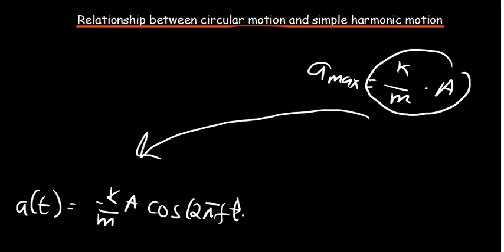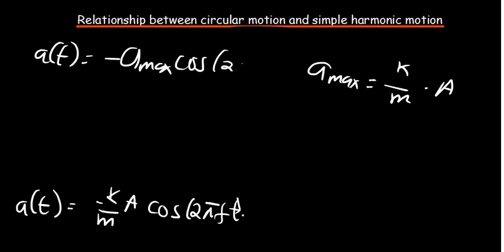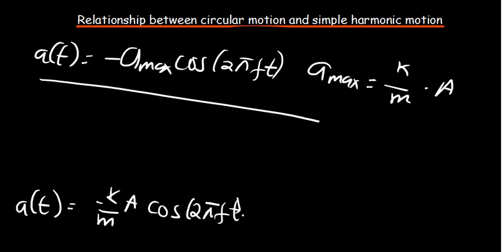Therefore, I need just to replace there. I'm going to say a equals negative a max times cos of 2 pi ft. So this is the formula for calculating the acceleration as a function of time.